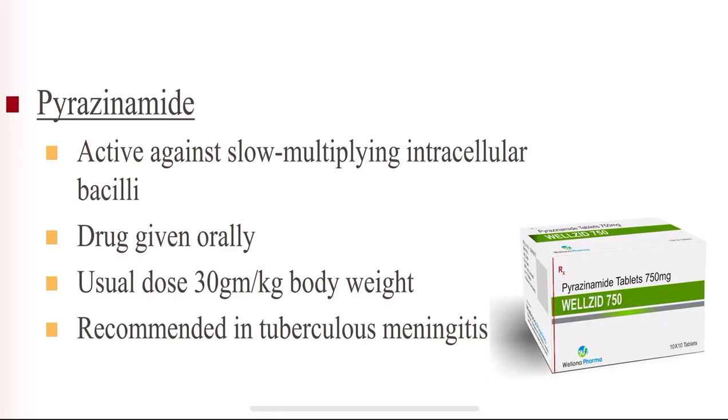So we saw that streptomycin does not act against the slow multiplying intracellular bacilli, whereas pyrazinamide has the capacity to act against them. The drug is given orally and achieves high levels in CSF, and therefore it is recommended especially in tuberculous meningitis. The usual dose here is 30 grams per kg body weight.